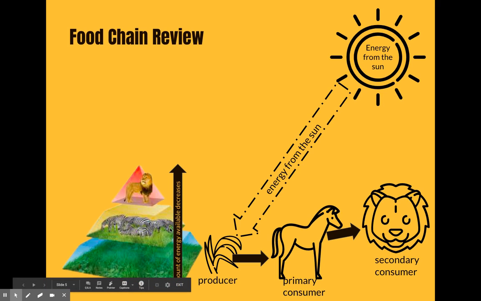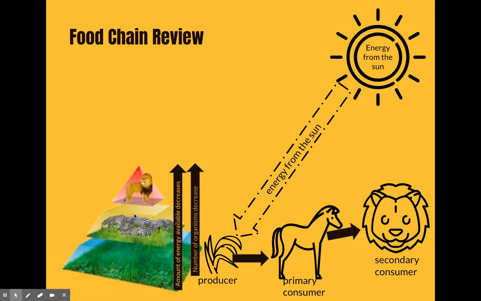The next greatest layer of energy would be the zebras, or whatever primary consumer directly eats the plants. And then the last level would be whatever animal eats the primary consumers.